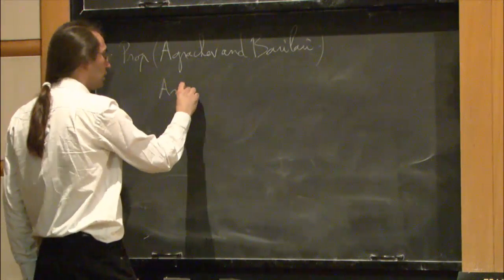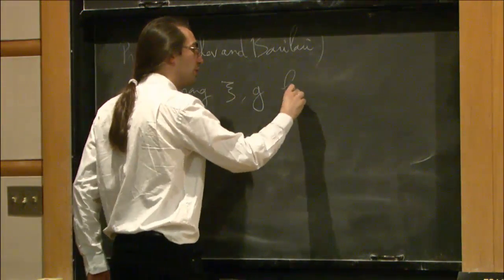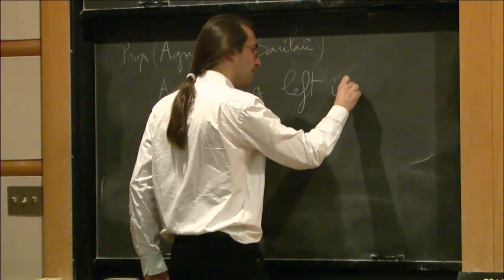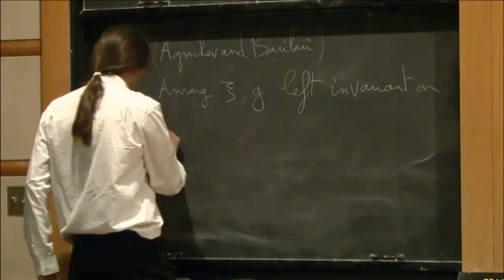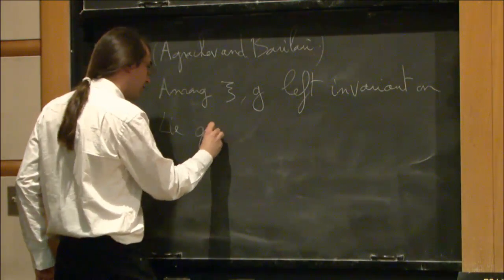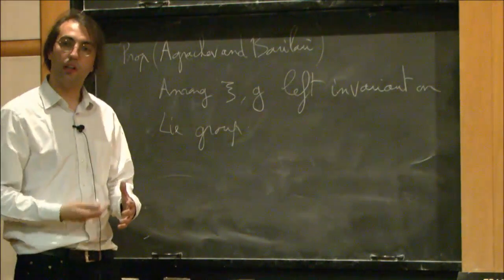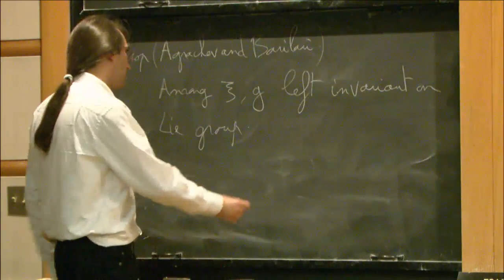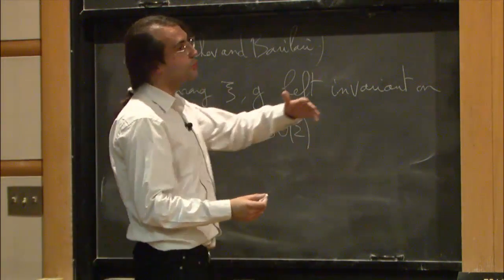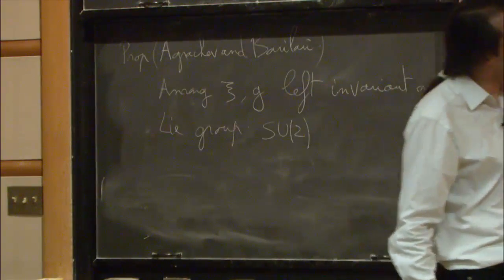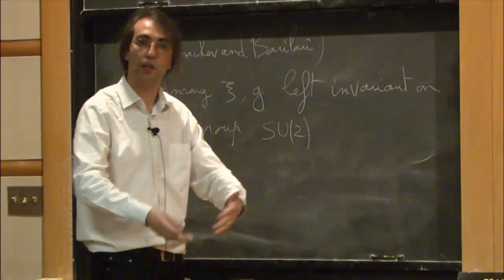among contact structures and Riemannian metrics which are left invariant on a Lie group, so you take your list of three-dimensional Lie groups and you look for left invariant contact structures, then SU(2), of course, all those functions W and norm of tau become constant if everything is left invariant on a Lie group.